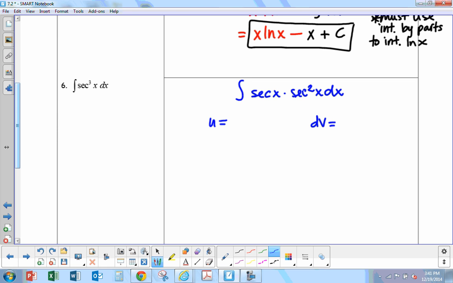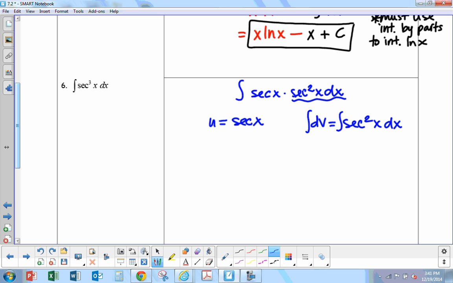So what we're actually going to do is let u be just one of the secants. We'll let u be secant of x. And then that leaves our remaining part, the secant squared x dx, to be our dv. And that actually works out really nice. Hopefully that's looking familiar to you. The derivative of tangent is secant squared, so I can integrate secant squared really easily.